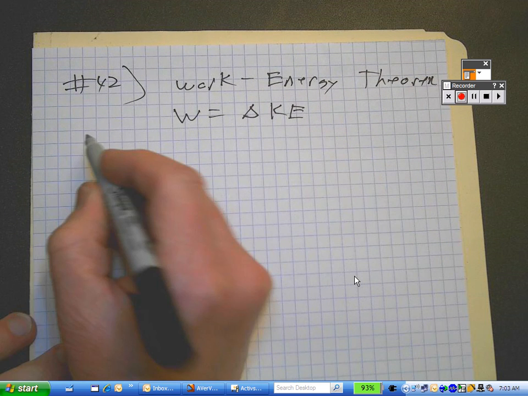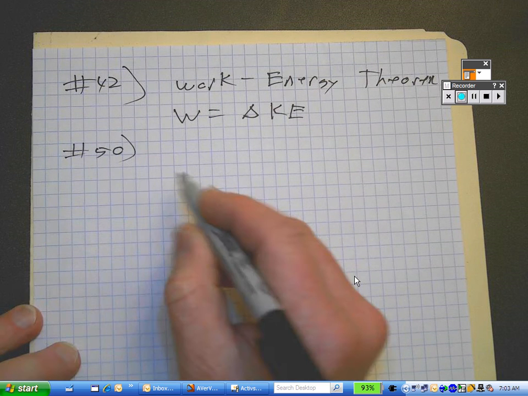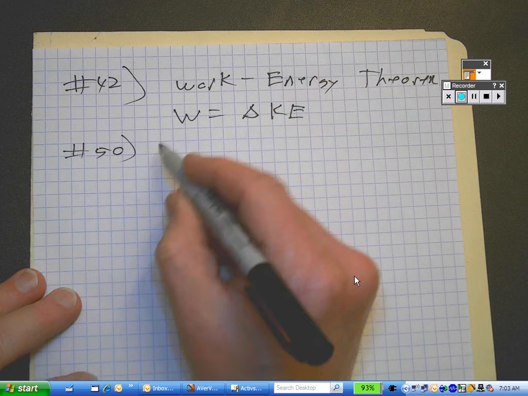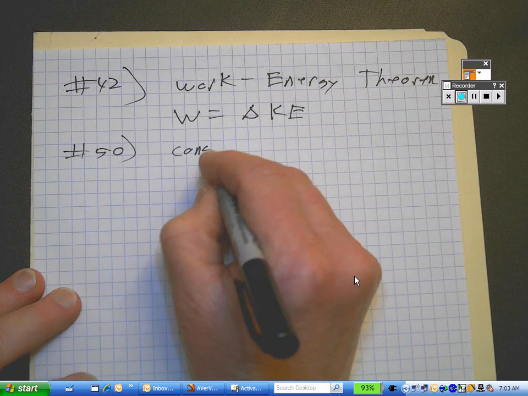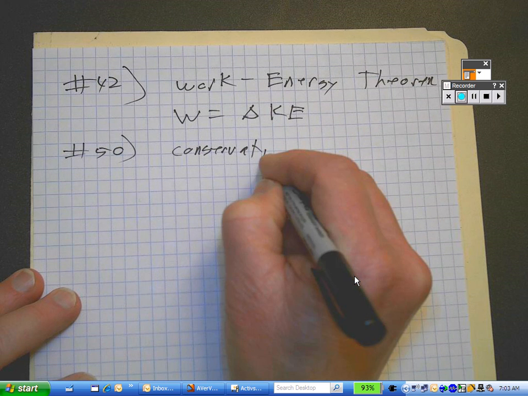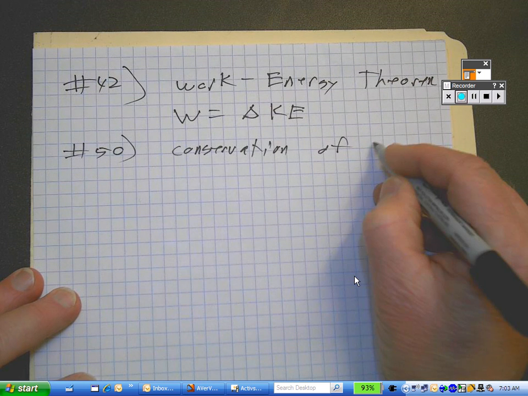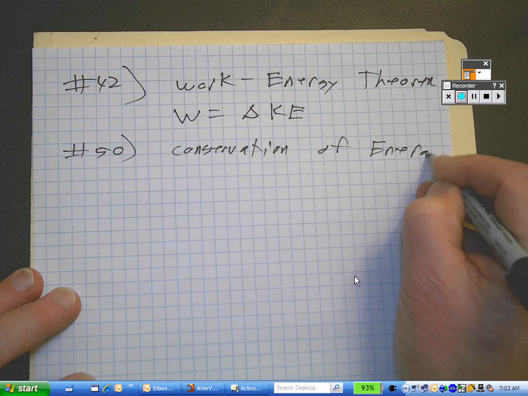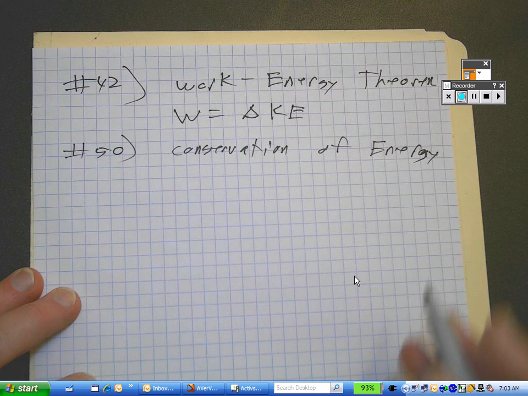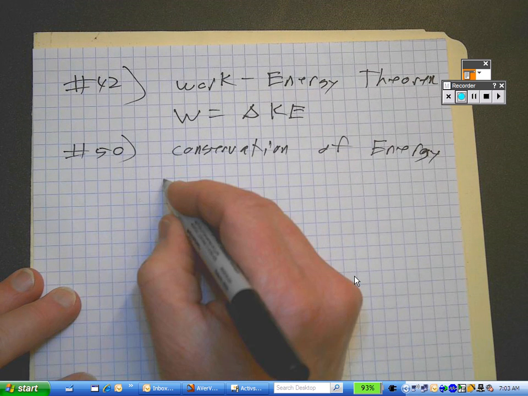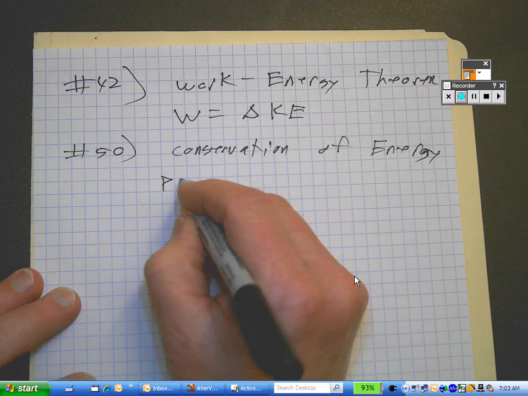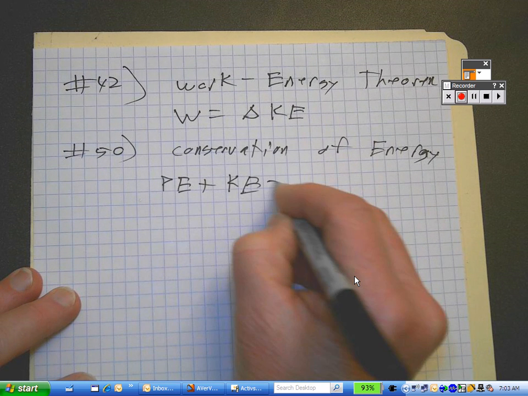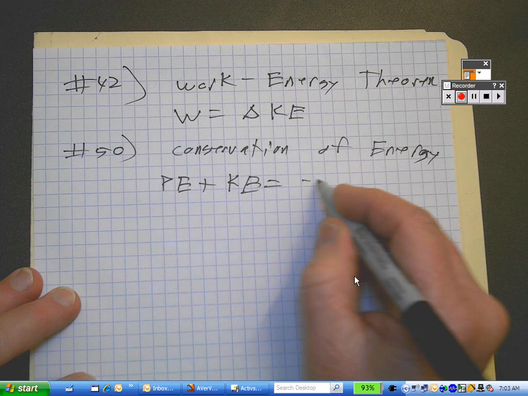That should help there. Number 50, we're almost finished with the assignment here. Number 50 is about the conservation of energy. The total energy stays the very same. You lose one kind, you gain another. The potential energy plus the kinetic energy will always be a constant.